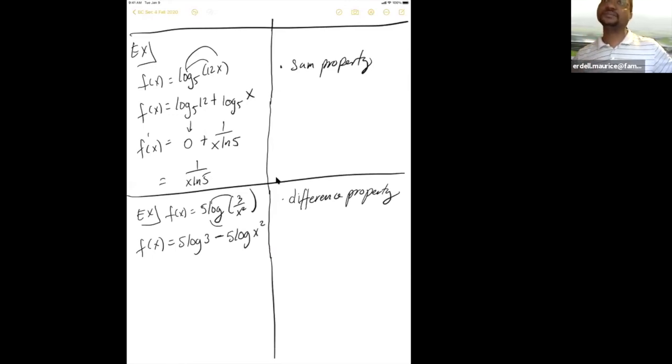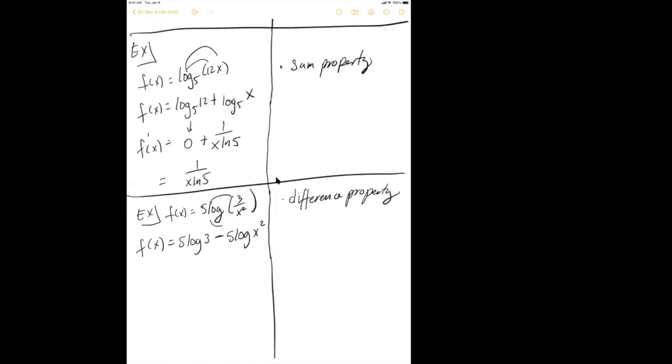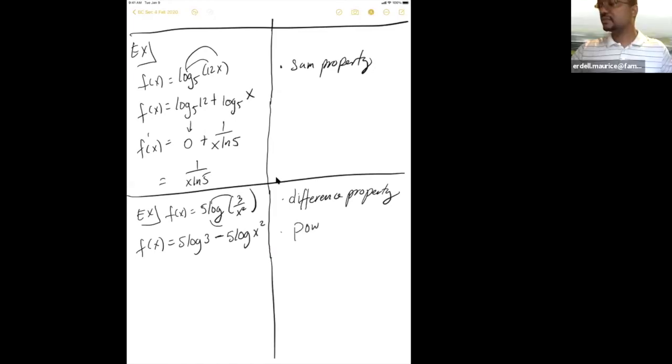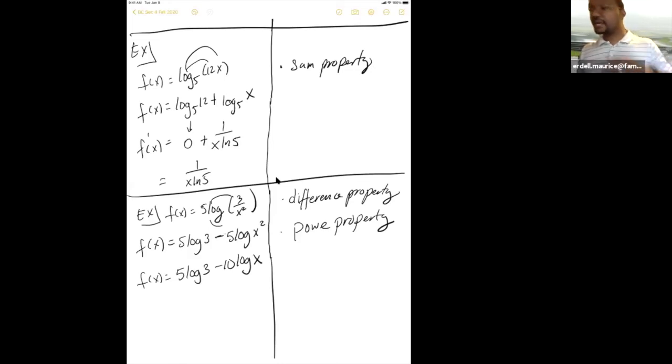So far, so good? Yes. Then I can apply the power property to the second term. And so f of x equals, leave the first term alone, but 2 times 5 is 10 log of x. And now I can take the derivative.